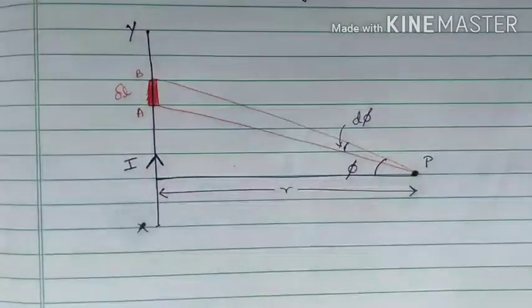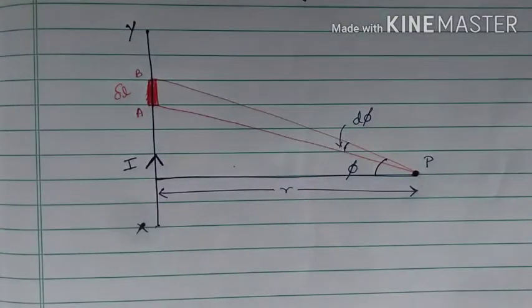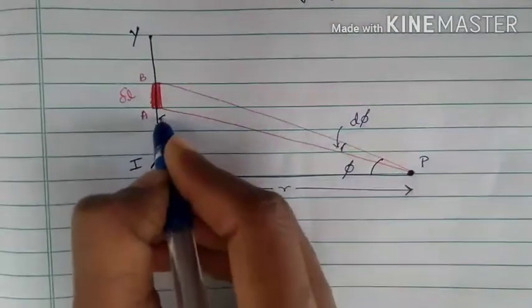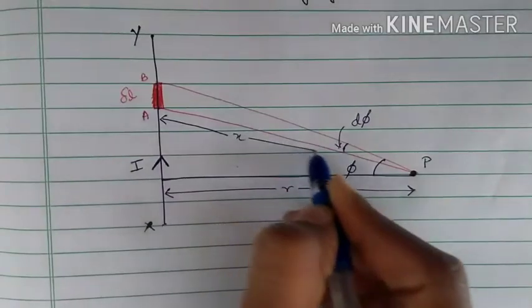So a small angle d phi will be made, and the distance from here to here is x.